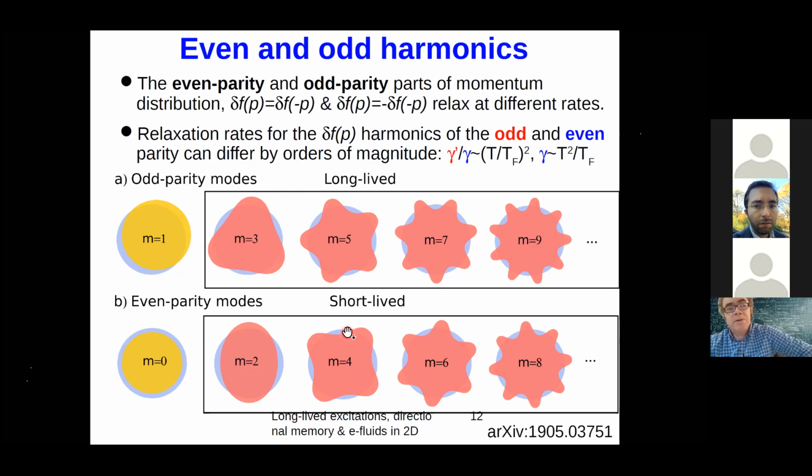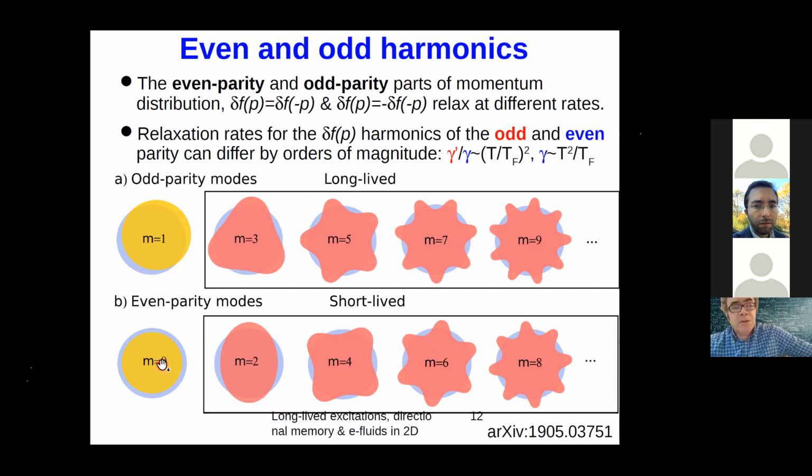And then of course there are the conventional hydrodynamic modes, which are infinitely long-lived in the absence of disorder because they correspond to particle density and momentum density, and they are conserved in two-body collisions.